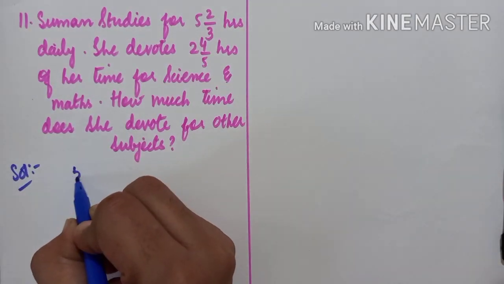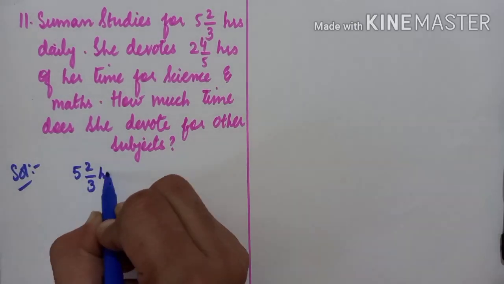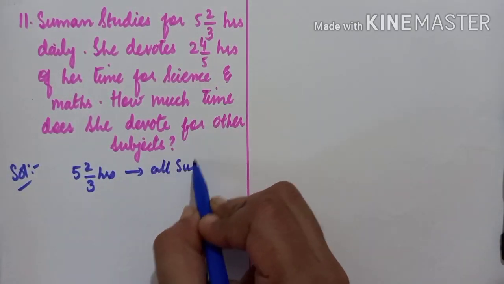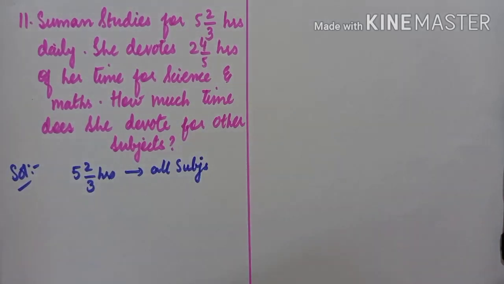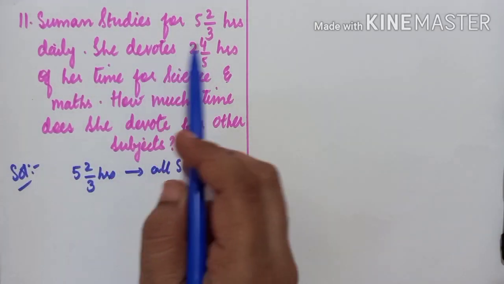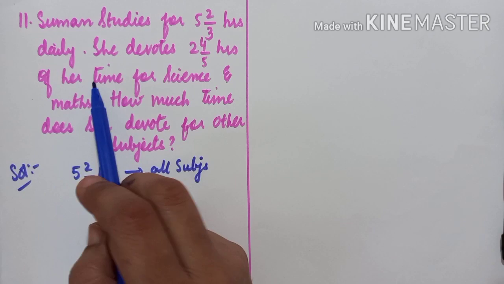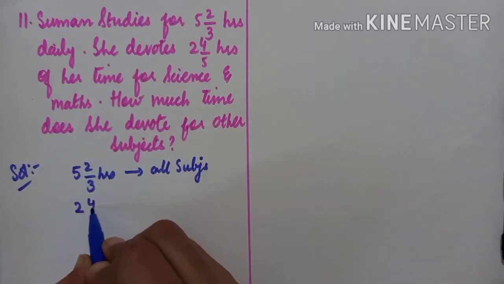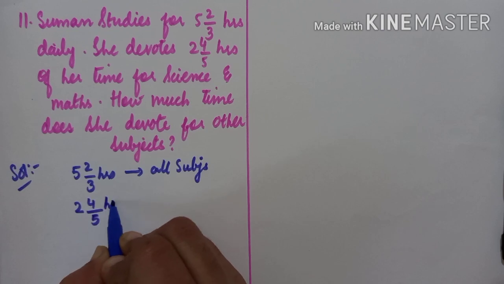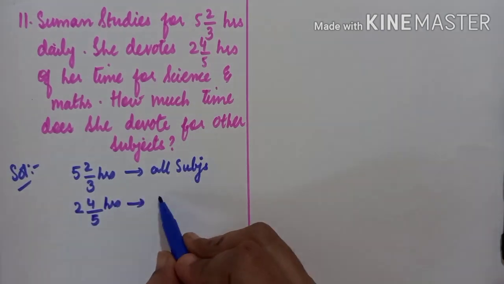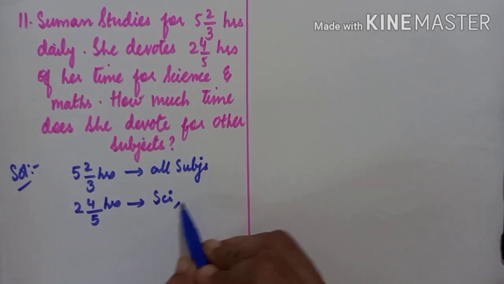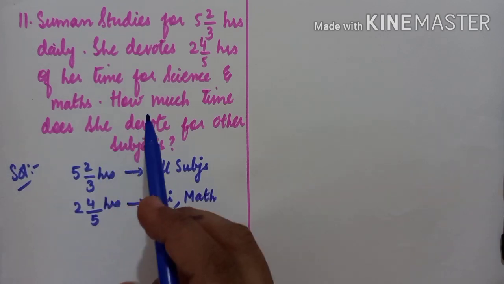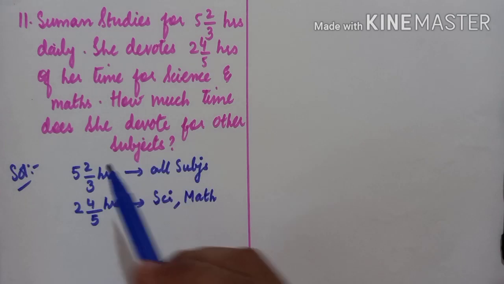So this 5 2 by 3 hours she is giving for all the subjects. Now out of that she devotes 2 4 by 5 hours of her time for science and maths. So for science and math, 2 4 by 5 hours she is spending studying science as well as math. Now how much time does she devote for other subjects?